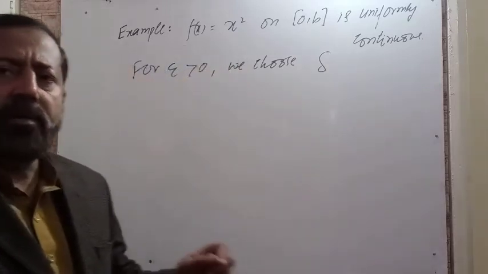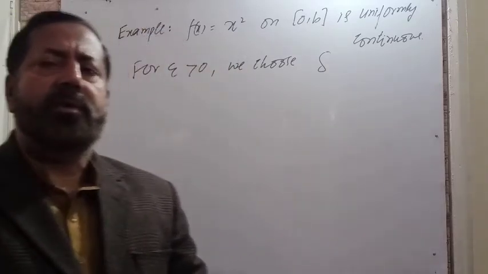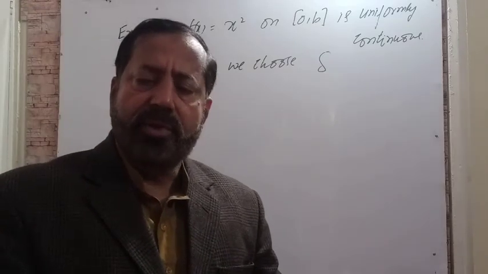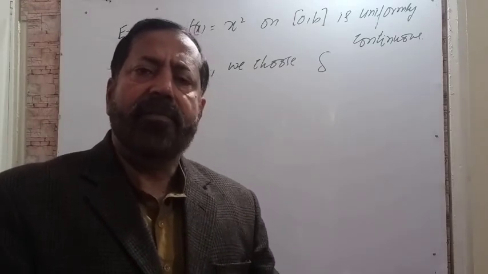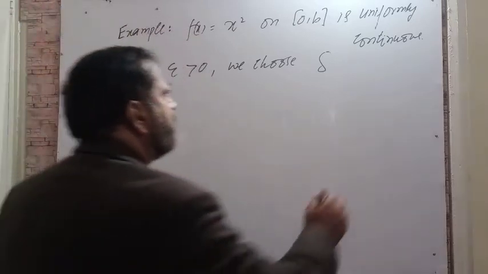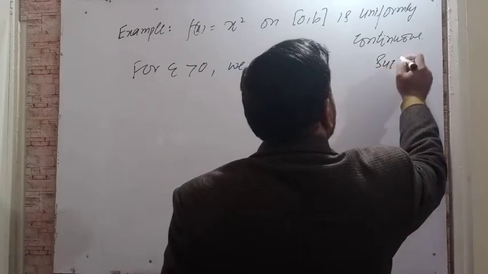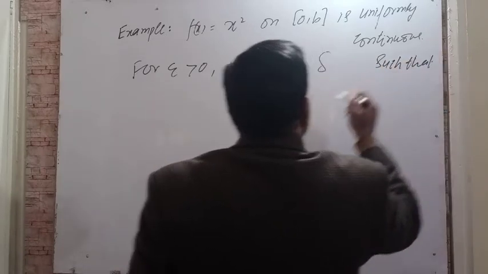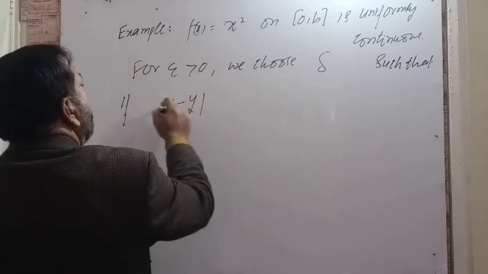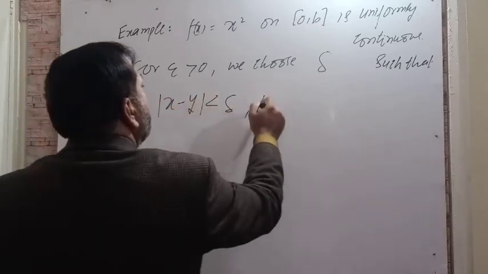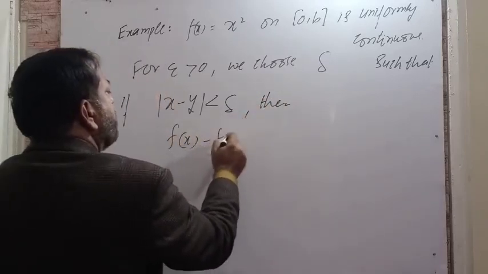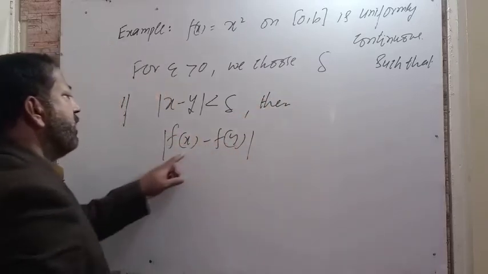I am leaving delta open here because we have to decide ultimately how much delta we may choose to satisfy the definition of uniform continuity, such that if |x − y| < delta, then |f(x) − f(y)|, and what is this?